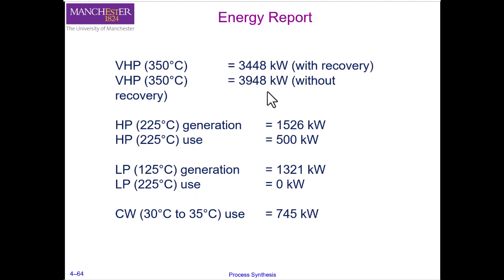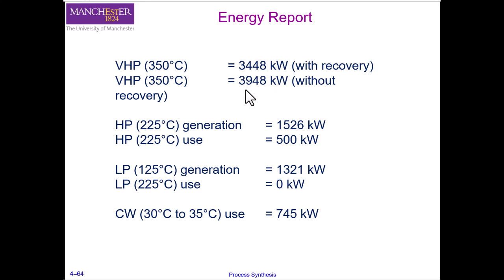We can now extract our relevant targeting information from our total site profiles and our total site composites. From our total site profiles, before we consider heat recovery through the steam mains, we have to provide 3948 kilowatts of very high pressure steam from our utility boilers.